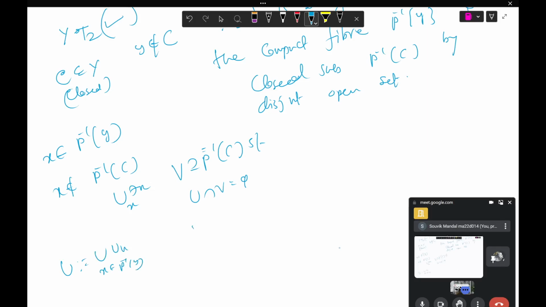Then U intersection V is empty, and obviously U contains P inverse y because each Ux contains each point of the fiber P inverse y.